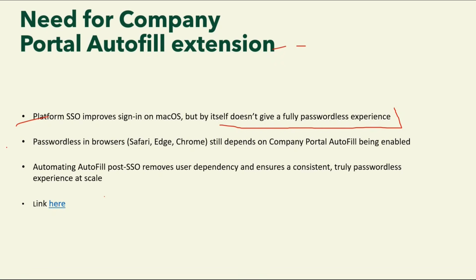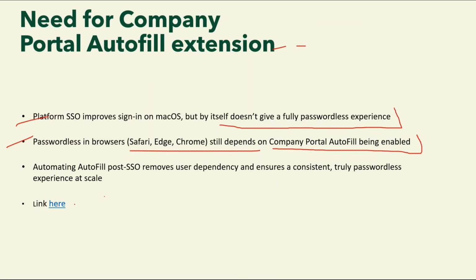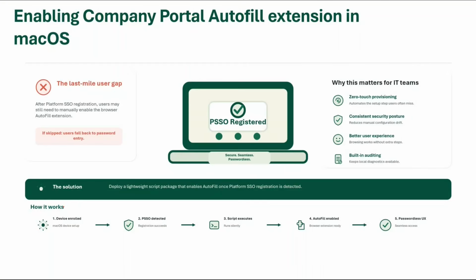So if you want to get the complete SSO experience in all the browsers, then you are still dependent on the Company Portal Autofill option being enabled, which is nothing but a toggle that needs to be enabled. Now, there is this link that I will go through and show you the Microsoft official documentation. But before that, I just want to let you know at a higher level what this link is going to talk about.